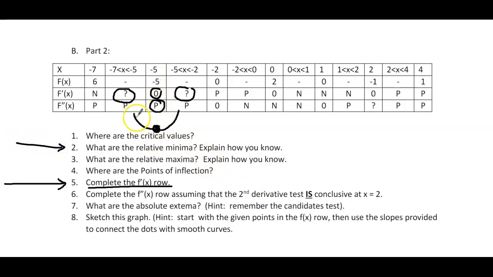So if this is what my graph looks like at this point, then the left slope should be negative. That's a negative slope moving downwards, and this slope is a positive slope. So we would say that on the left side here it's a negative slope, and on the right side we have a positive slope.